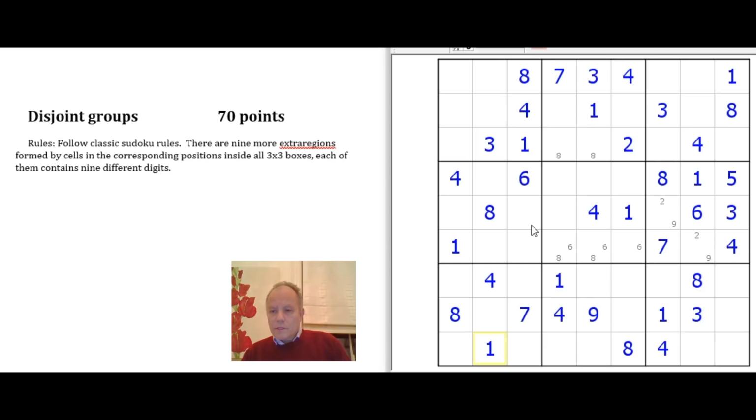What else have we got going? We've got quite a lot of 3s in the grid already. 3's fixed here because of that 3 and that 3. It puts it in one of the top two cells there, and one of the left-hand cells here. Ooh. But also, yeah, just not sure about this.